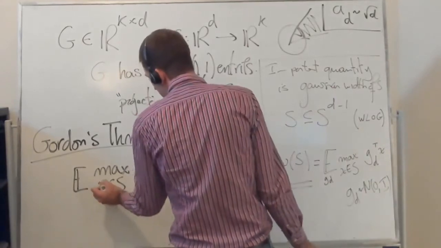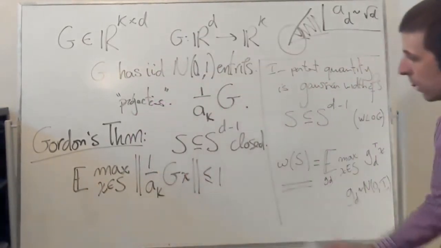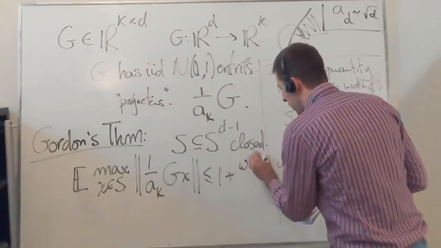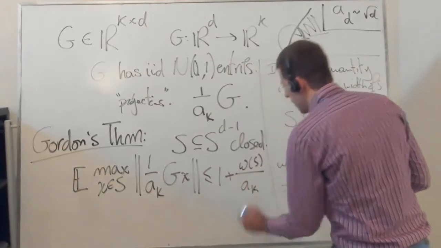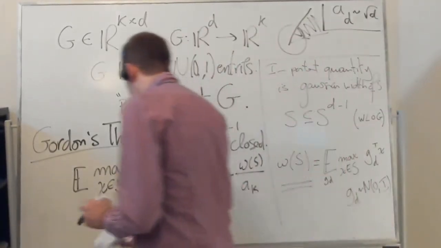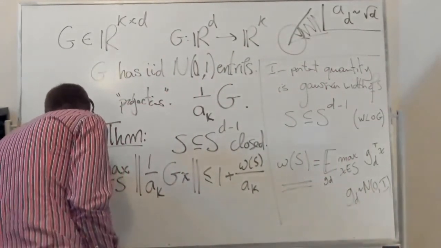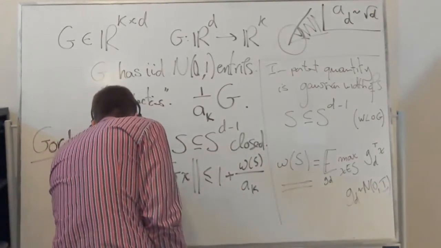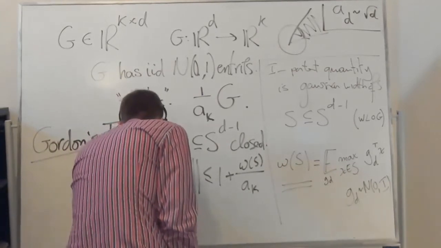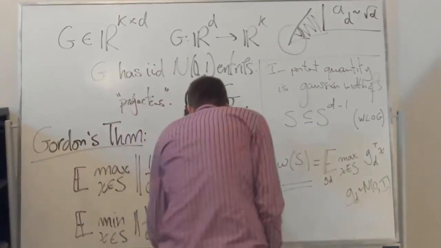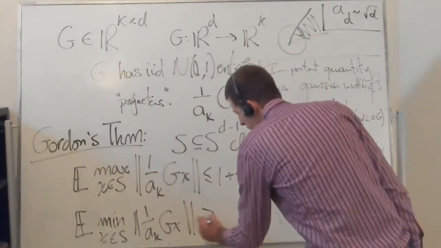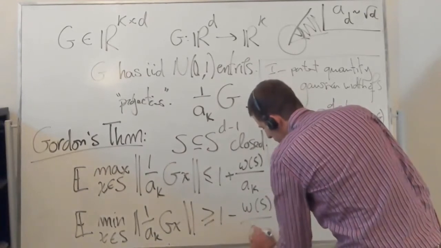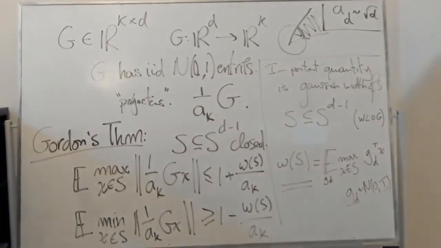So we want the norm after we hit it with the matrix to be as close as possible. And so the maximum will be bounded by 1 plus the Gaussian width of S over AK, while the minimum will be bounded by basically the same thing. Okay, so this is Gordon's theorem.